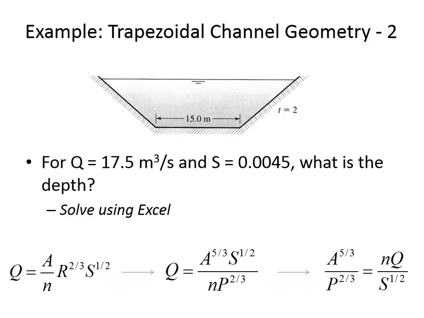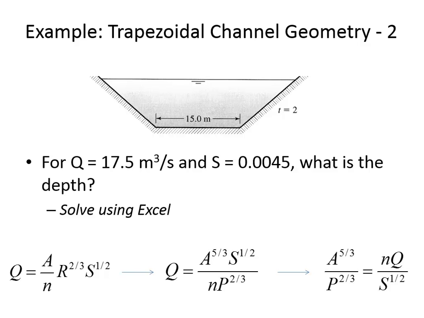Hydraulic radius to the 2/3 is the same as area to the 2/3 divided by wetted perimeter to the 2/3. So combine that one with the area that's in there, and now it's area to the 5/3 divided by the n value, the wetted perimeter to the 2/3, and the slope to the 1/2.